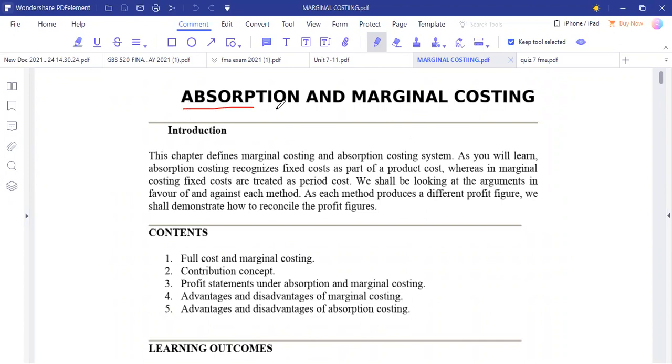Marginal costing only considers the variable cost of a product, the VC. Absorption costing considers the full product cost of a product. So this starts to define the marginal costing and absorption costing systems.